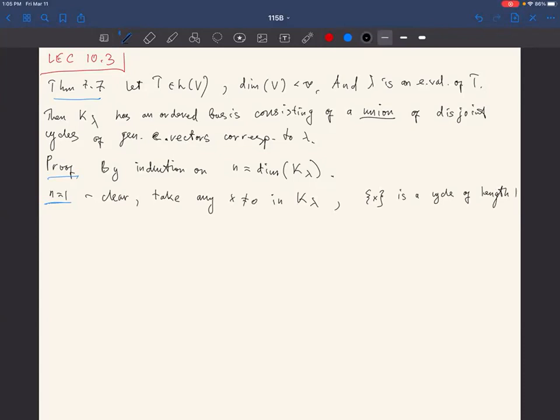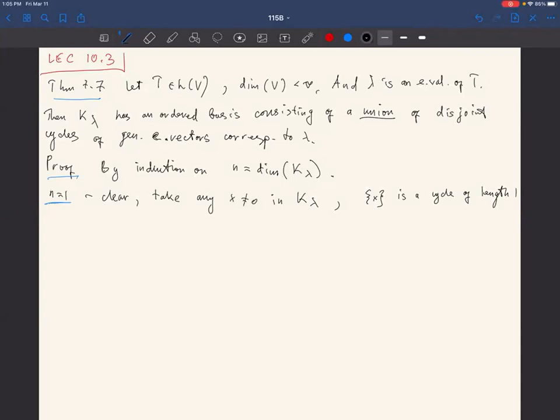Right? Remember, all cycles look like a generalized eigenvector x, which is the last vector of the cycle, and then we have (T minus lambda I) to the power 1, then to the power 2, etc. Until we get the initial vector of the cycle. So a one element cycle is trivially a cycle by definition.